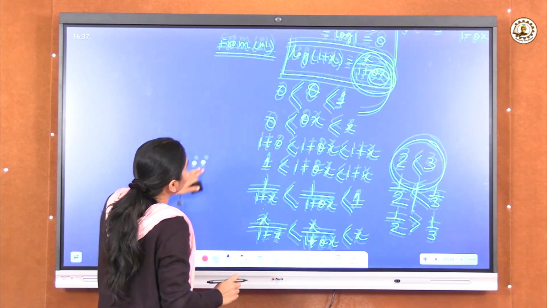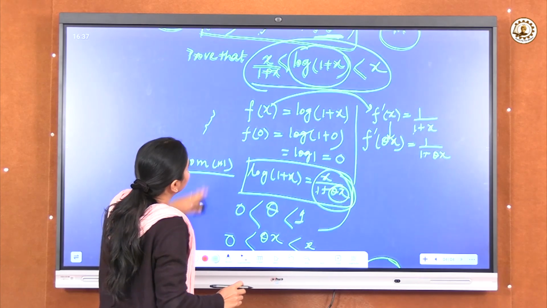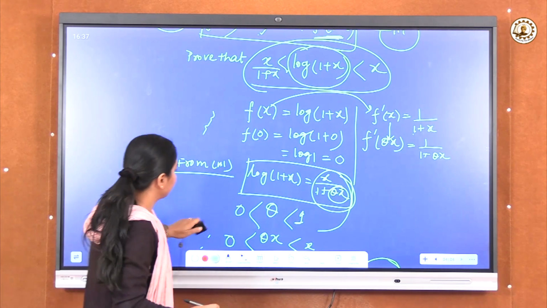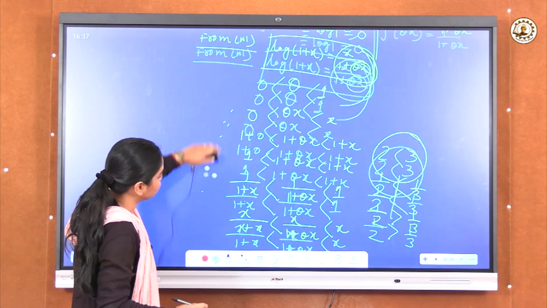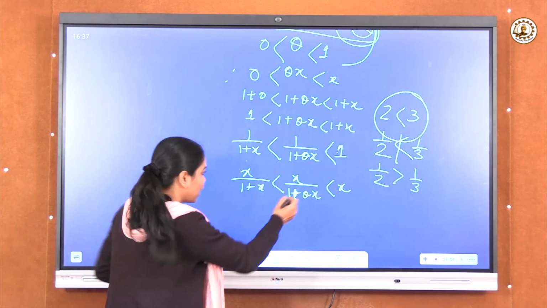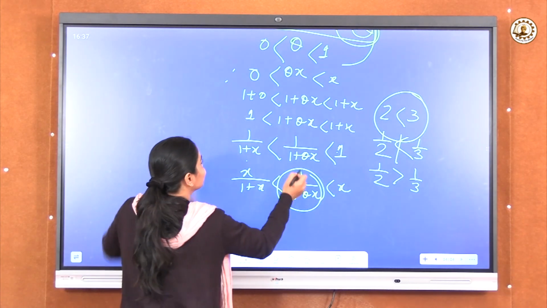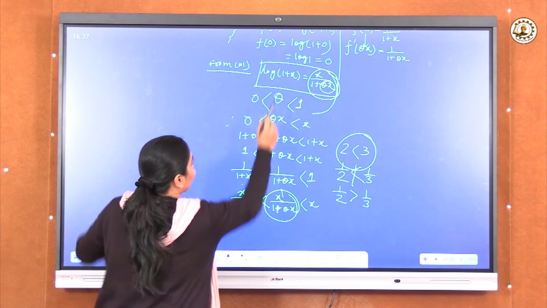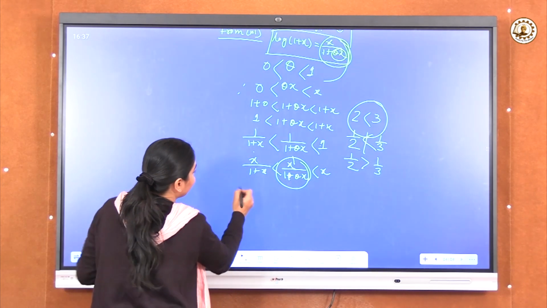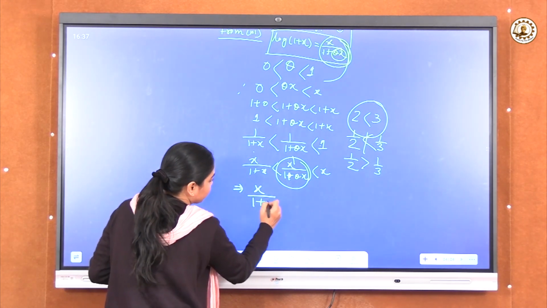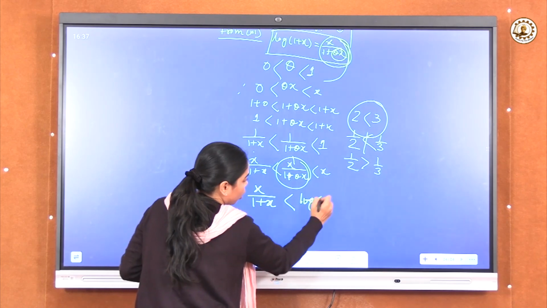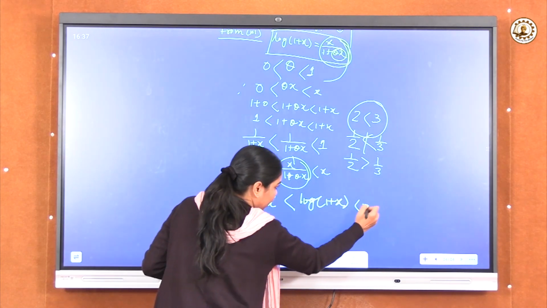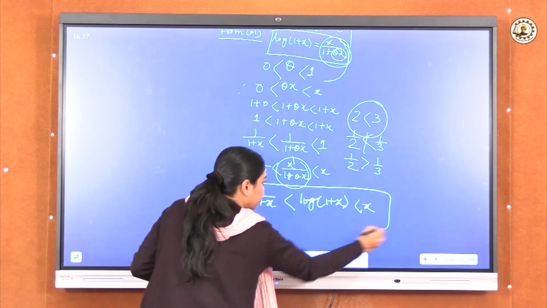Now you can see what our proof is. The middle term is the same, and this is equal to, we know, our log of 1 plus x. So finally we can write x by 1 plus x less than log of 1 plus x less than x. So this is our proof.